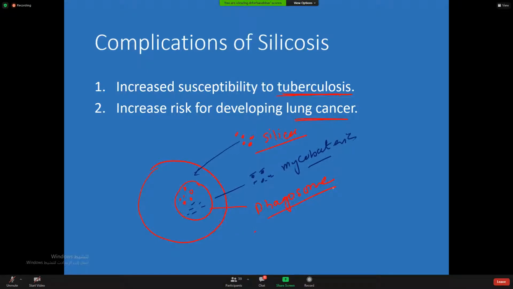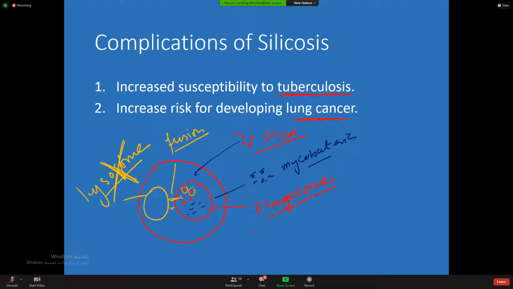So ultimate killing of these bacteria needs help from another structure, that is what we call the lysosome. So what is going to happen? Ultimately, there should be a fusion between them. But the silica present inside does not allow the lysosomes to fuse.